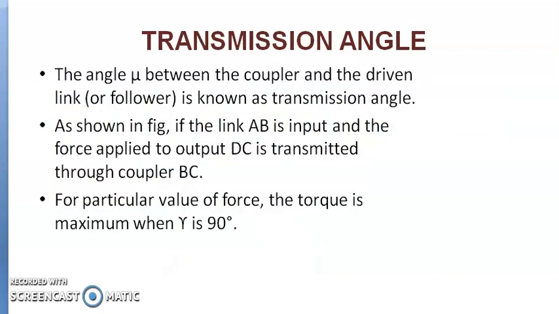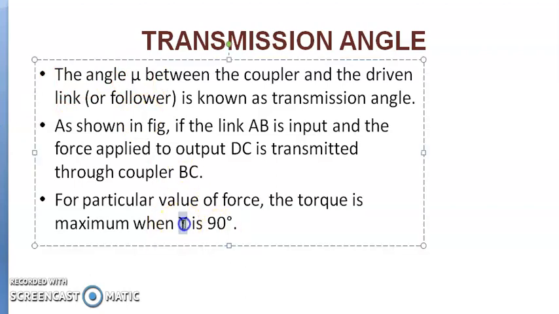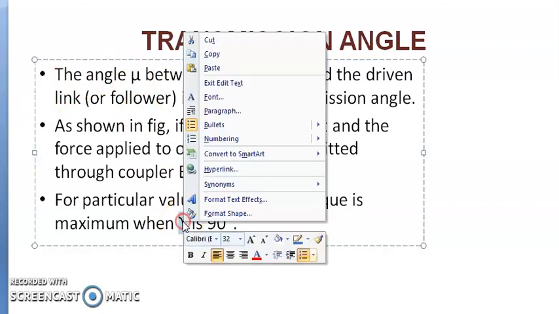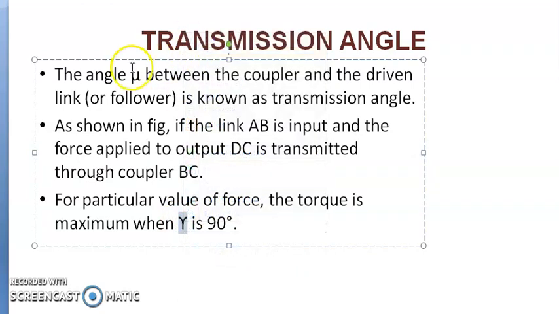Now let us see one important factor in a mechanism, which is called the transmission angle. The transmission angle is the angle gamma between the coupler and the driven link or follower. You can see this in the figure given below.